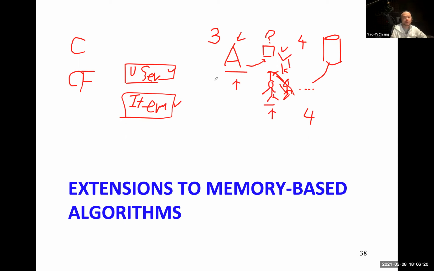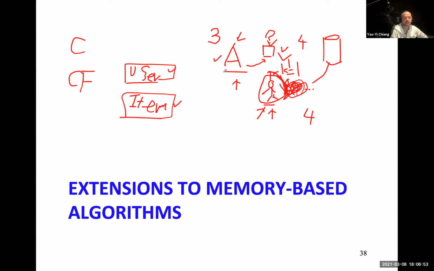Okay, so user-based collaborative filtering, right? We are looking for the most similar users to your active user here. And let's say in this case, K equal to 1. So we just find the most similar user to A. So you get what? 1 user. Our goal is to be able to predict A's rating on this item based on this most similar user.